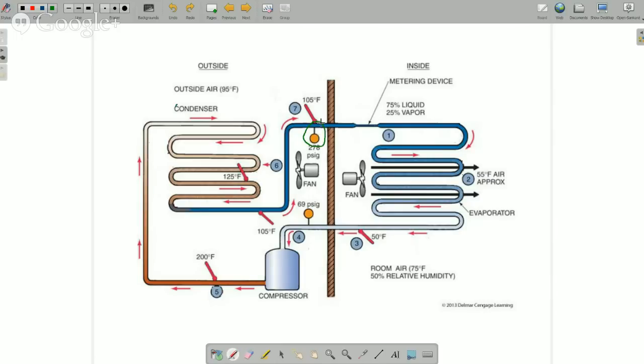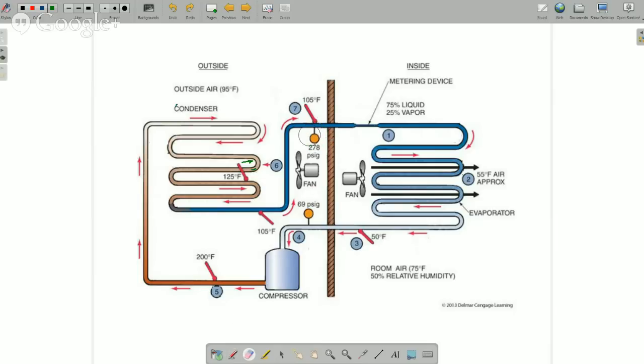So what you're doing is your gauge tells you the saturation temperature and pressure of the refrigerant in the middle of the condensing coil, and then your thermometer tells you what the temperature actually is after it's been subcooled.